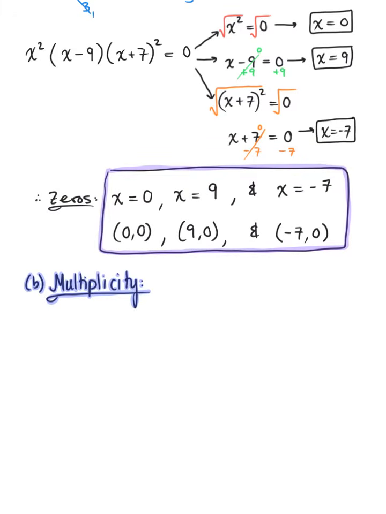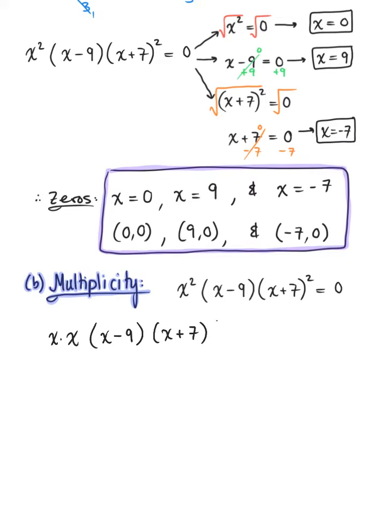So in order to really understand the multiplicity, we need to identify what are the factors of this polynomial expression. So I'm going to expand this out. So we can see we have x squared, so that's x times x. Then we have the binomial x minus 9. And then we have x plus 7 squared. So we can rewrite this as x plus 7 times x plus 7 equals 0.